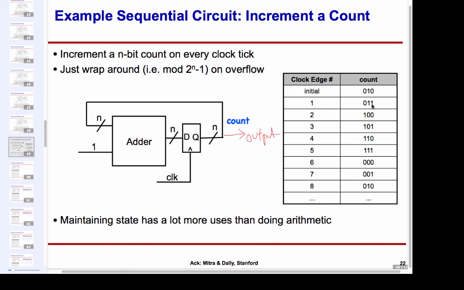Let's imagine my clock was a 100 megahertz clock. So every 10 nanoseconds, the clock goes high, then goes down after a bit, and then again goes high 10 nanoseconds later, and so on and so forth. So my clock is a 100 megahertz signal. If I were to observe just the least significant bit of count, what kind of signal would that be?